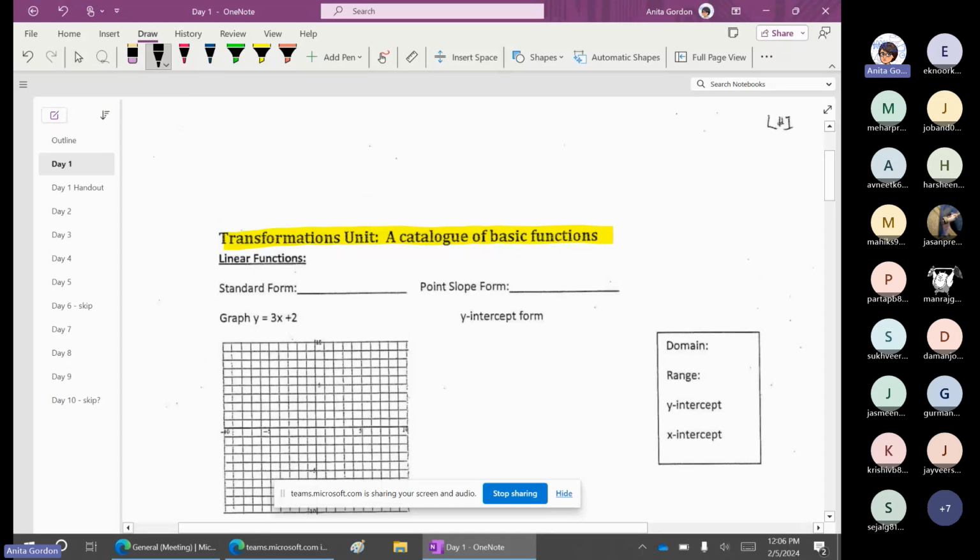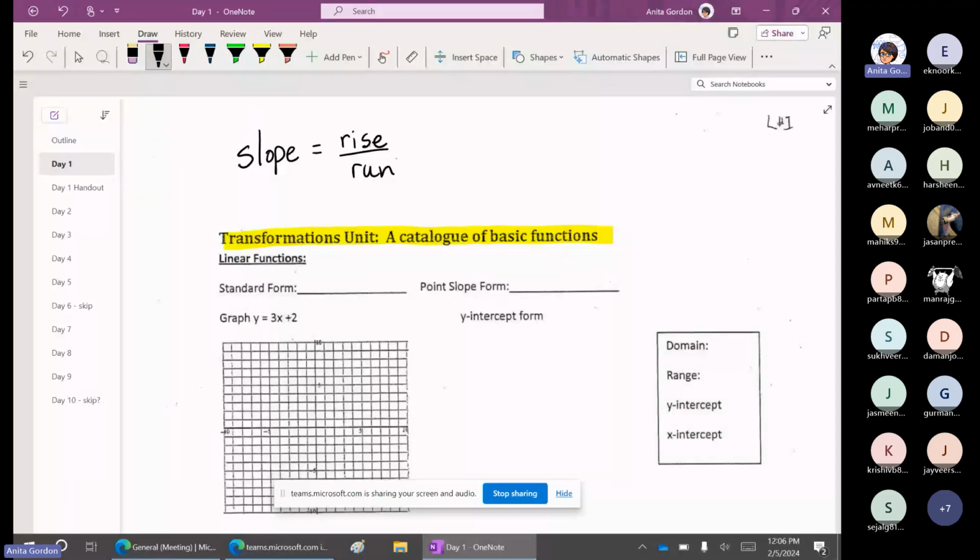Before we get started, can somebody remind me what is the definition of slope? Rise over run. What does that mean in terms of a graph? How steep a line is, rate of change, I heard that as well, that is acceptable.